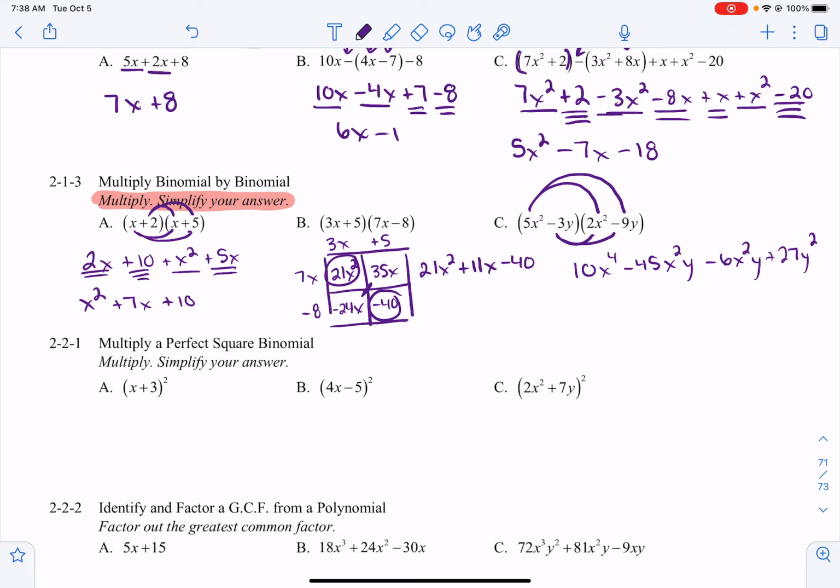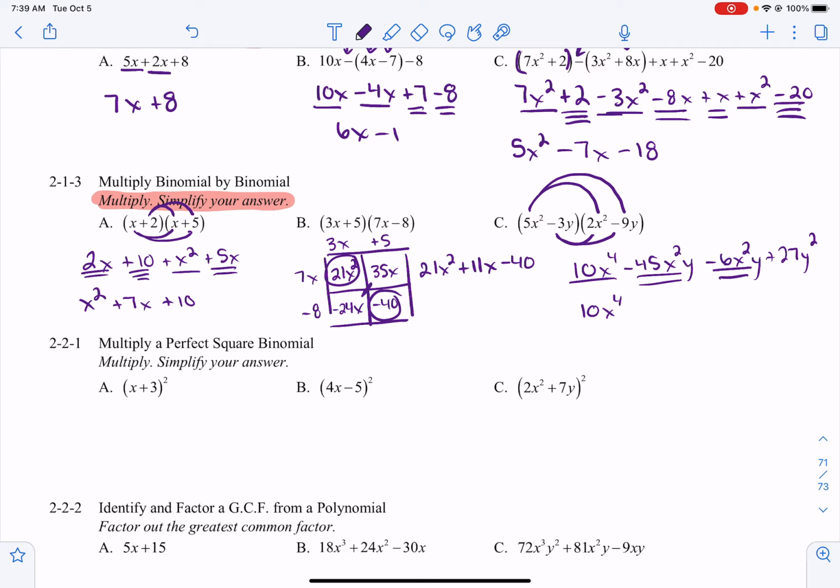So now I'm going to start with my biggest x and start writing things in order. So 10x to the 4th goes first. And I think it's the only one. But then if I look at my x squareds, they also have a y. So those 2 right there are going to go together because they both have an x squared and a y.